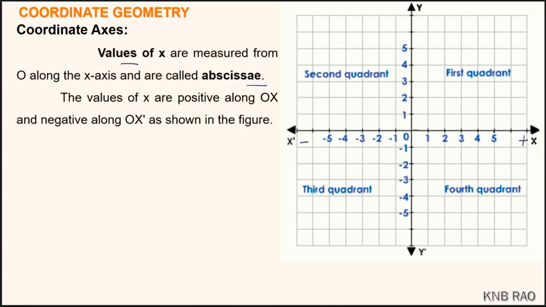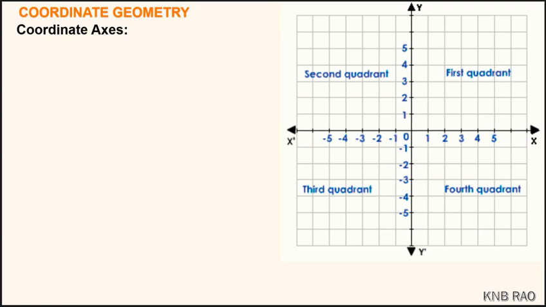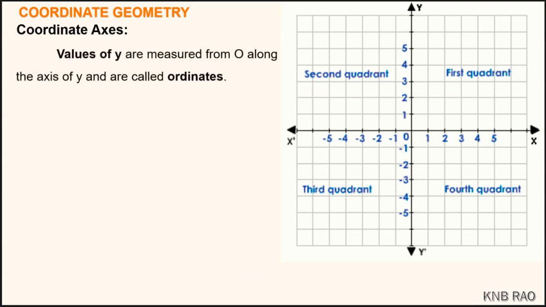So, along OX dash negative as shown in the figure, I have already mentioned. Next point is the values of y are measured from the O along the axis of y and are called ordinates.